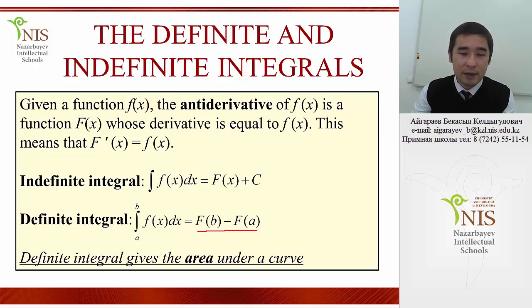And that number is the area under a curve. Here I have highlighted that word. Definite integral gives the area under a curve. This formula is also called Newton-Leibniz formula.